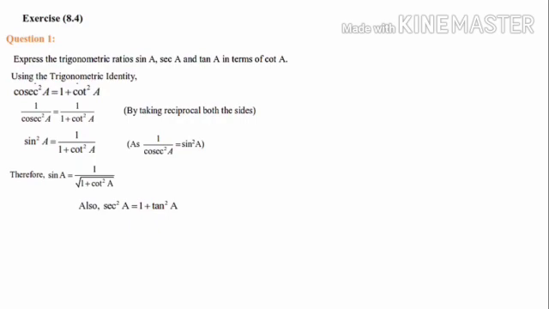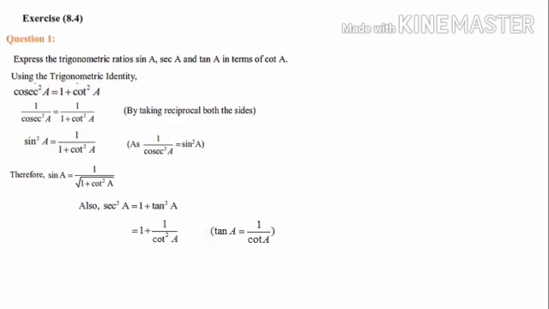Here I will tell you once again, sec square A is equal to 1 plus tan square A we have taken because sec square A is the required one on the left side, and on the right side we need cot A, but tan A easily we can convert to cot A by using reciprocal ratios. So tan A is equal to 1 by cot A by using reciprocal ratio we can write.